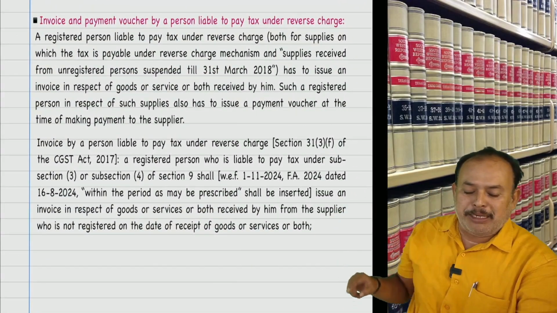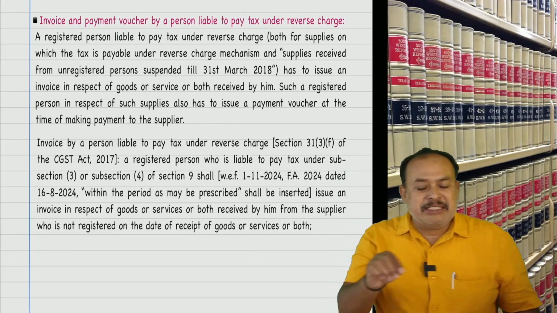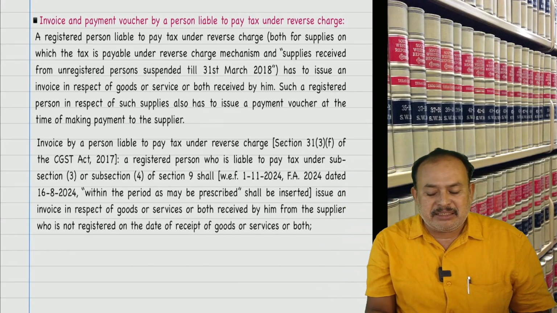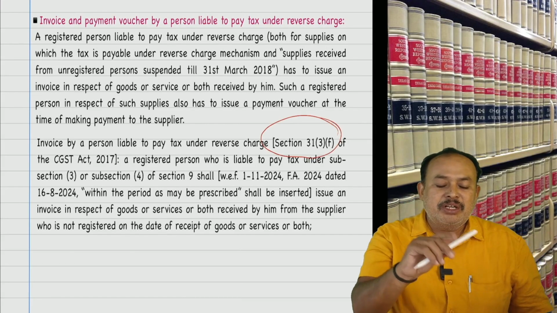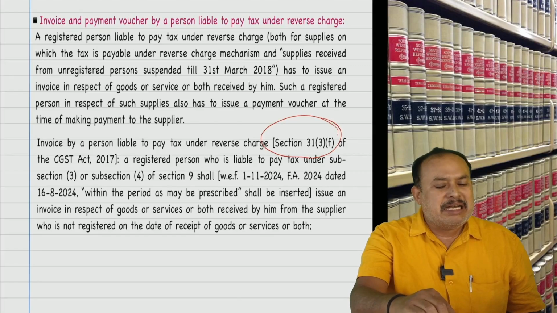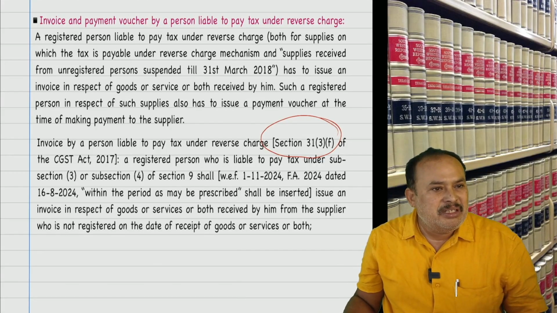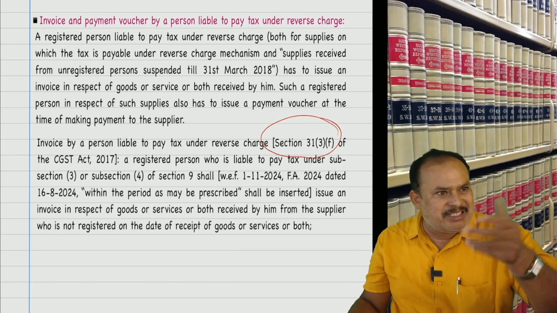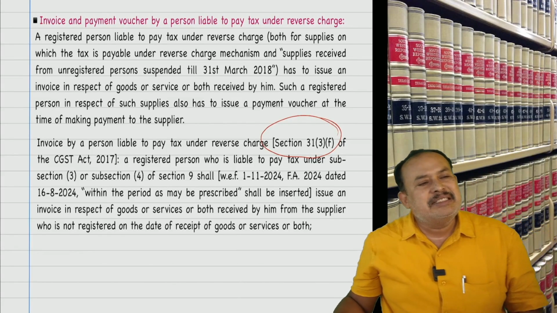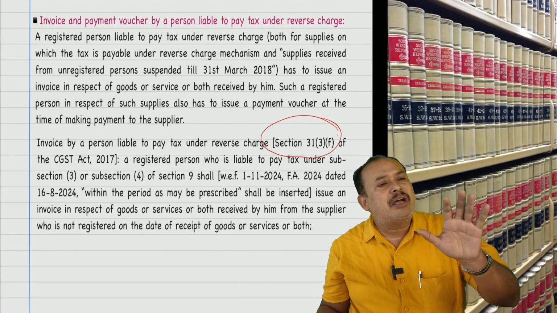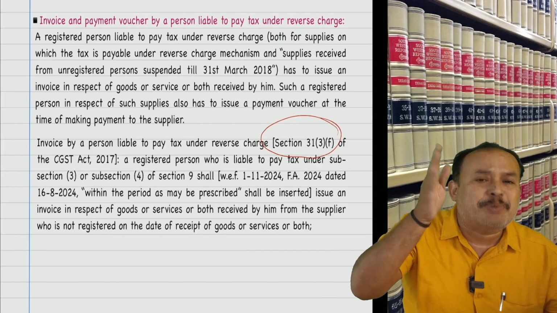Further, a very important point: section 31, subsection 3, clause F. This is the RCM case, reverse charge mechanism. In the case of reverse charge, the supplier is an unregistered person and the recipient is a registered person.